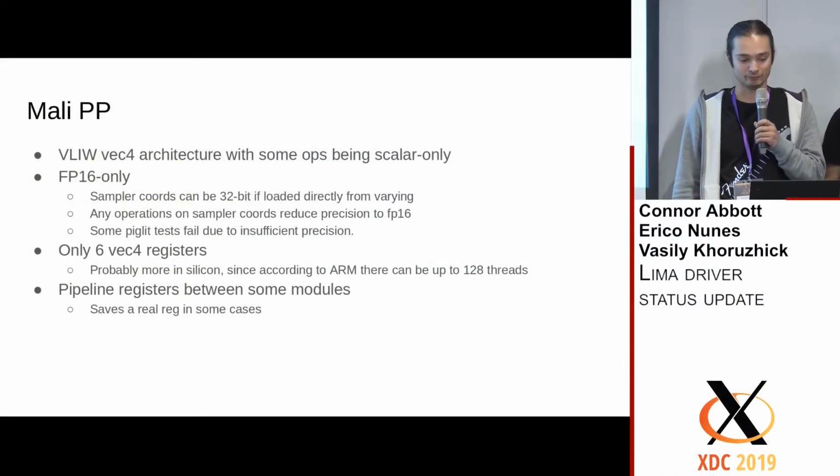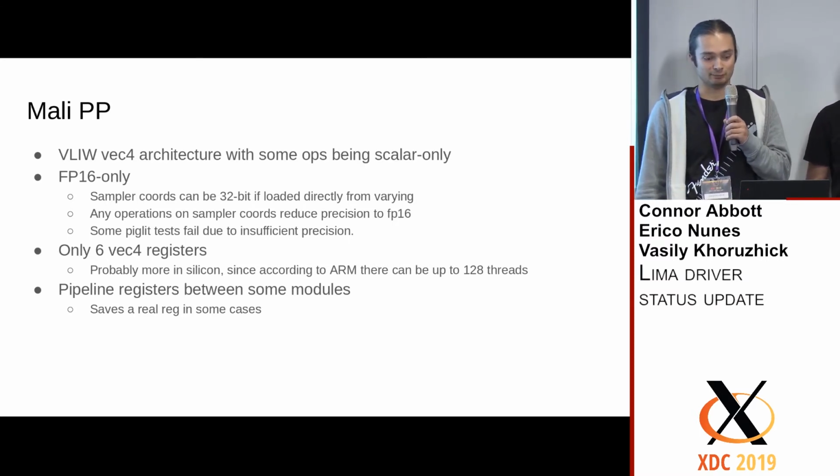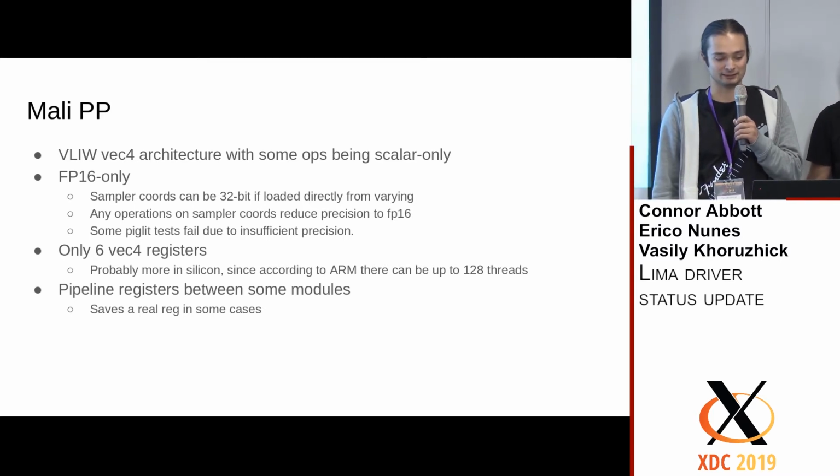And yeah, there is a huge drawback of the pixel processor. It supports only FP16 precision. So yeah, basically, it's not very good. It was okay for GLES 2, where you didn't have to support high precision, but it kind of doesn't work well on desktop GL.